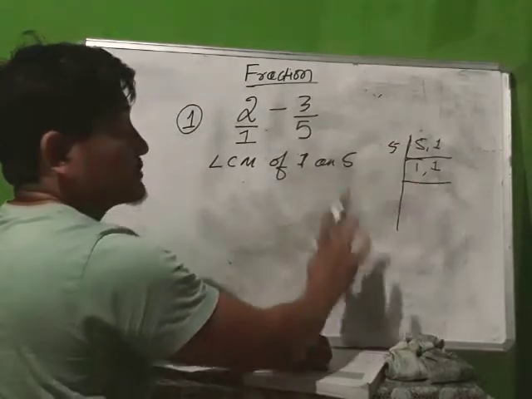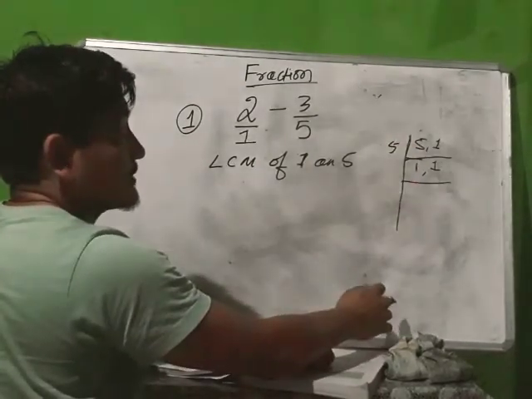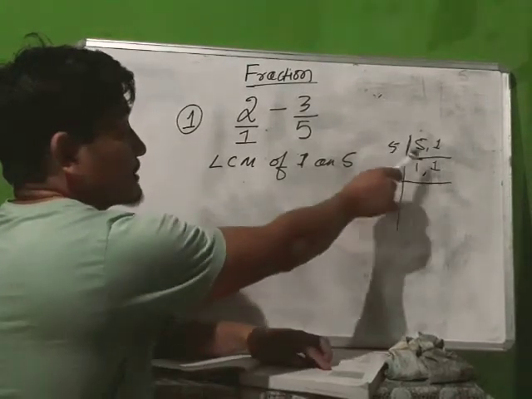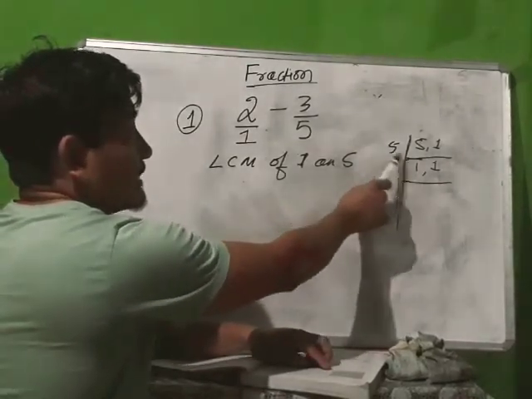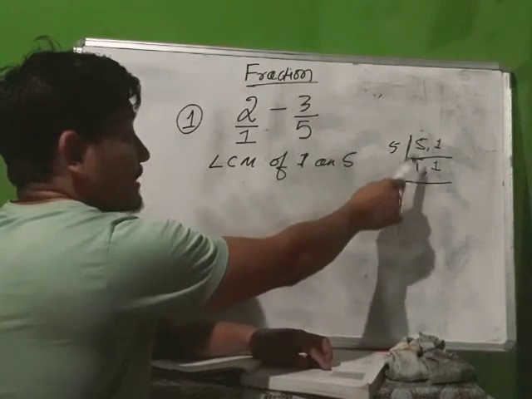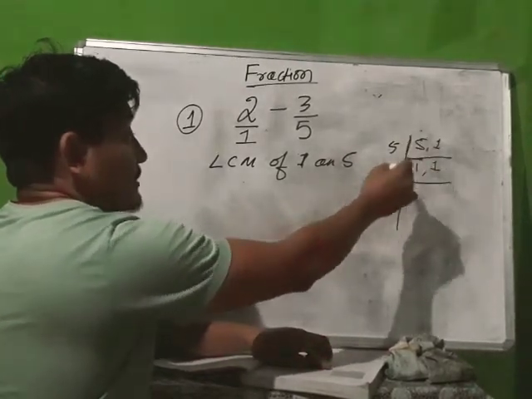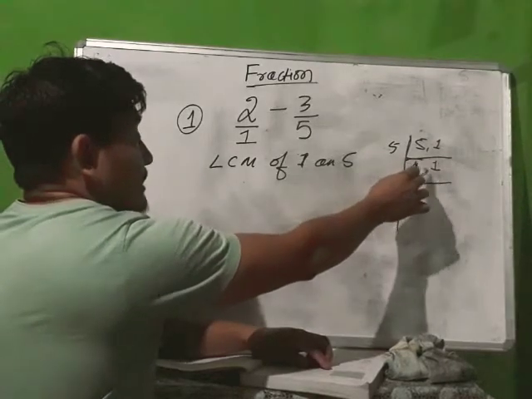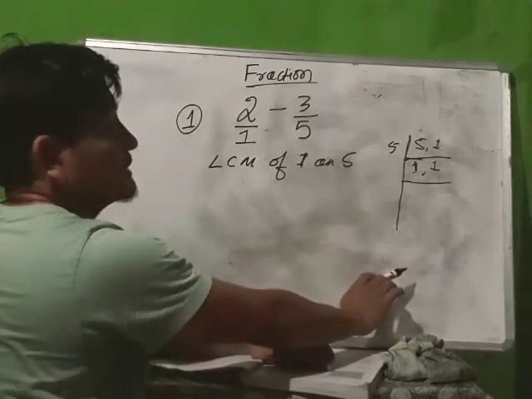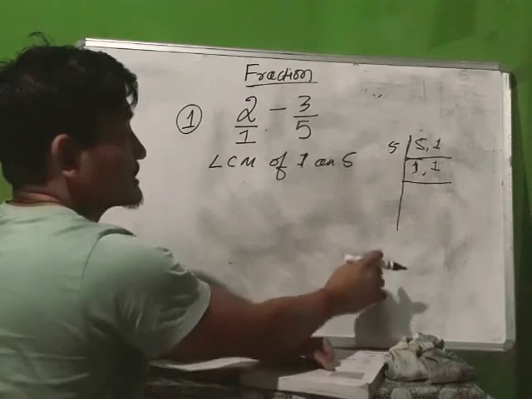For 1 you don't have to find the factor of 1, so here we are trying to get the factor of 5. 5 multiplied by 1 is 5, and 1 you will just write as 1. Once you get 1 here, your work is complete.